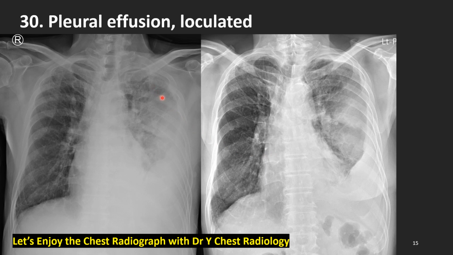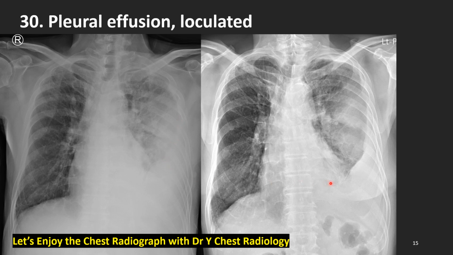Yes, left side. Homogeneous, increased, irregular margin, density. Homogeneous density usually means fluid, and this irregular margin means it can be exudate or loculated.